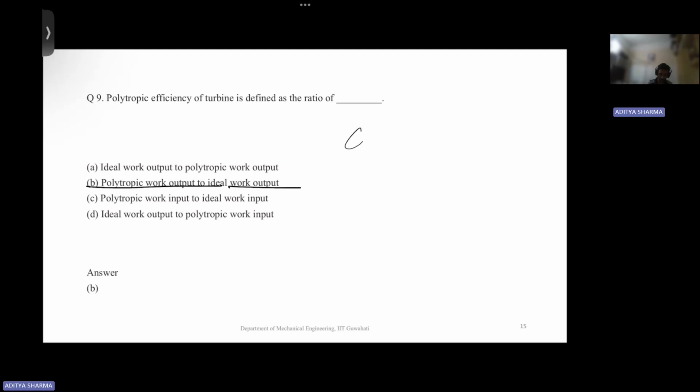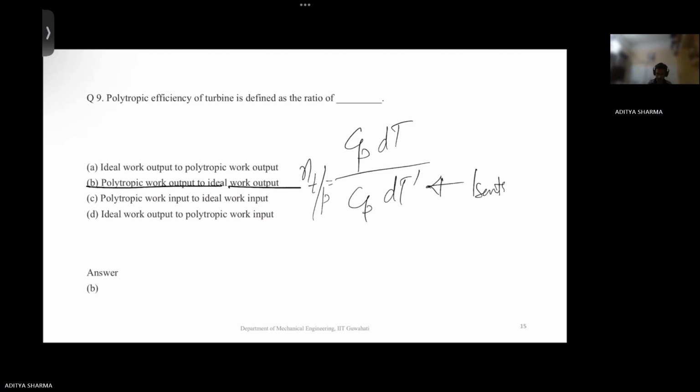Essentially, this is Cp dT and Cp dT dash, for the turbine, for NTP, this is there. So this is your isentropic, this is your polytropic. So B is the correct option.